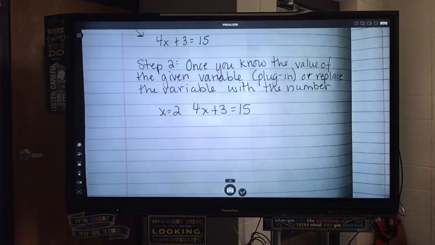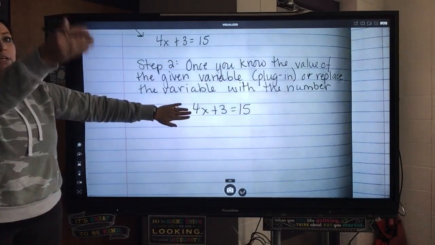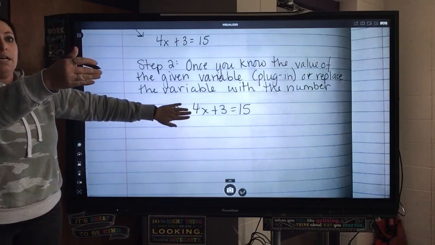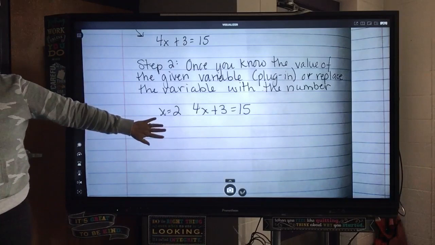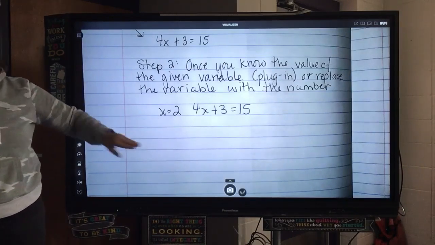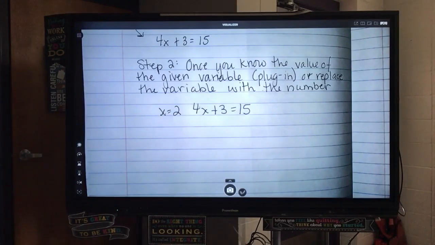So we are given an x in our equation. So in our equation, we have 4x plus 3 equals 15, right? Now, as the coach, I have just given you the value of x. And I want you to substitute the value of x into our equation. All right, so let's go ahead and do that.